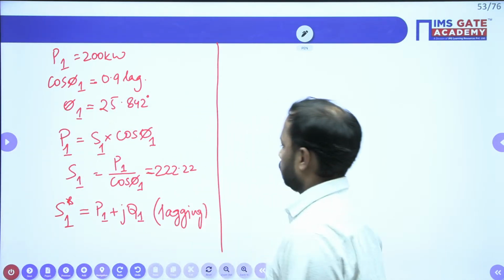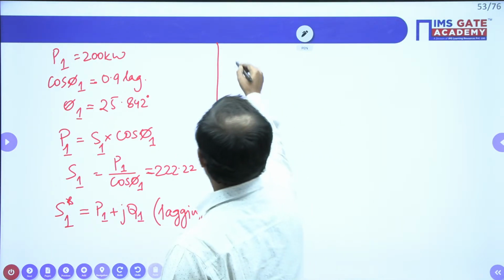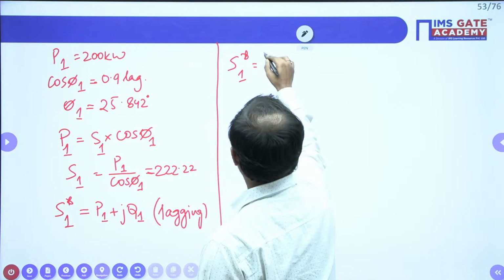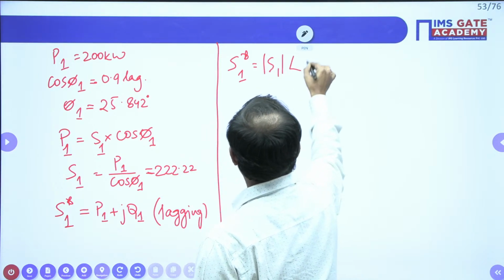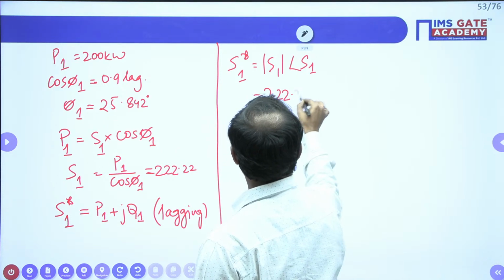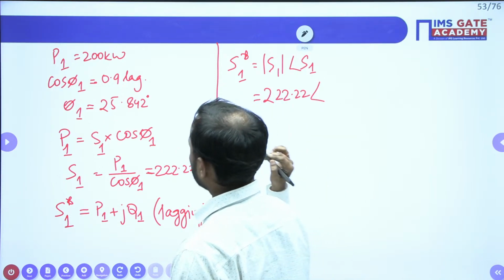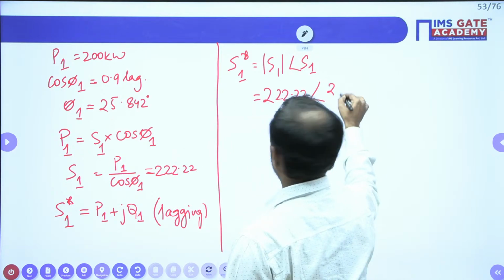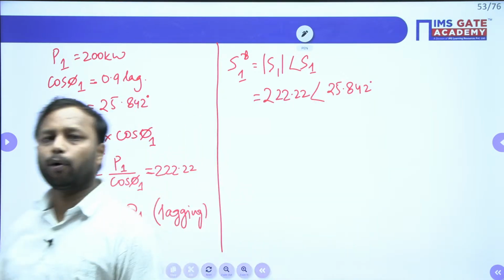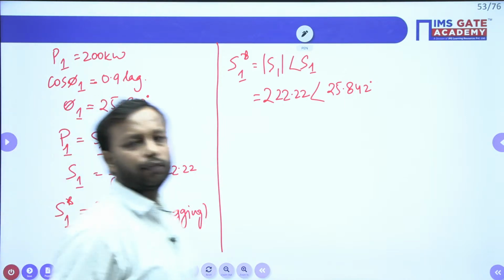All right. So S1 complex is basically what? Magnitude of S1 at an angle of S1. So this is equal to 222.22 at an angle 25.842. Now we need to decide whether to take a negative sign or positive sign.